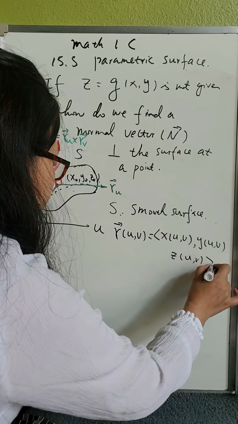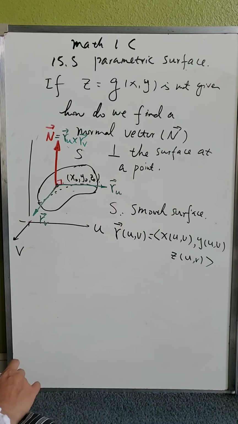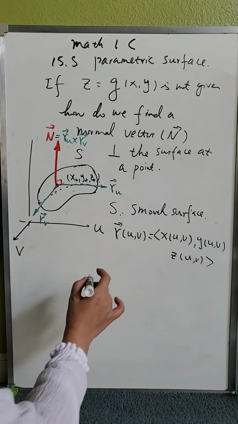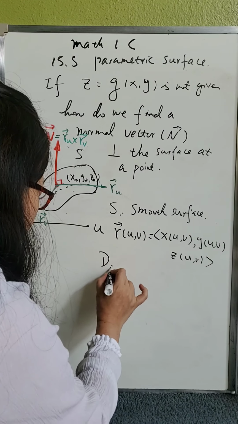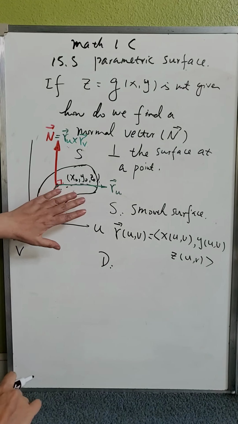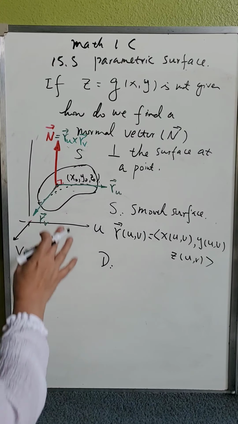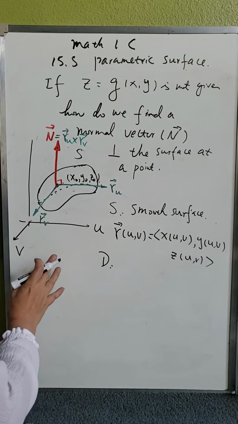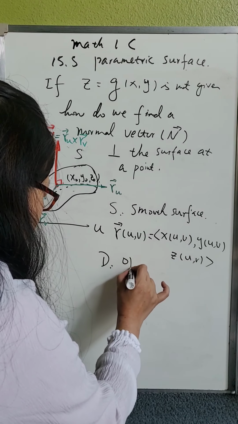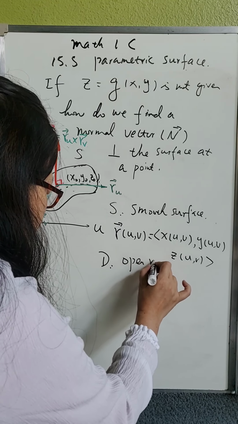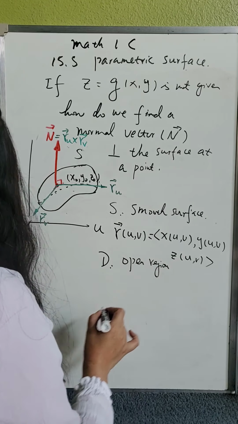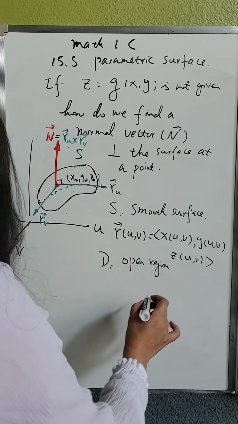Remember the one I gave you earlier? I just give it to you again. D, the one I gave you earlier. So I convert back to 2 dimensions here, but in 3 dimensions, that's what it looks like. D is an open region in the UV plane.